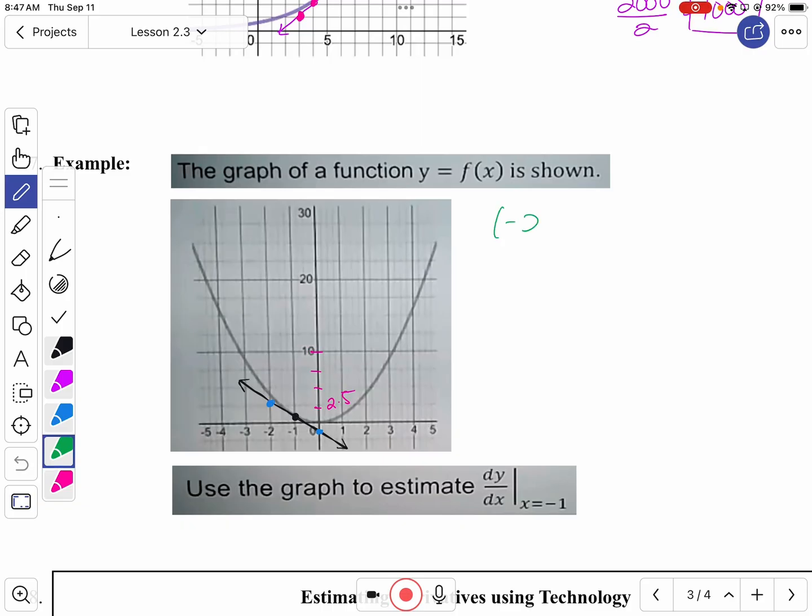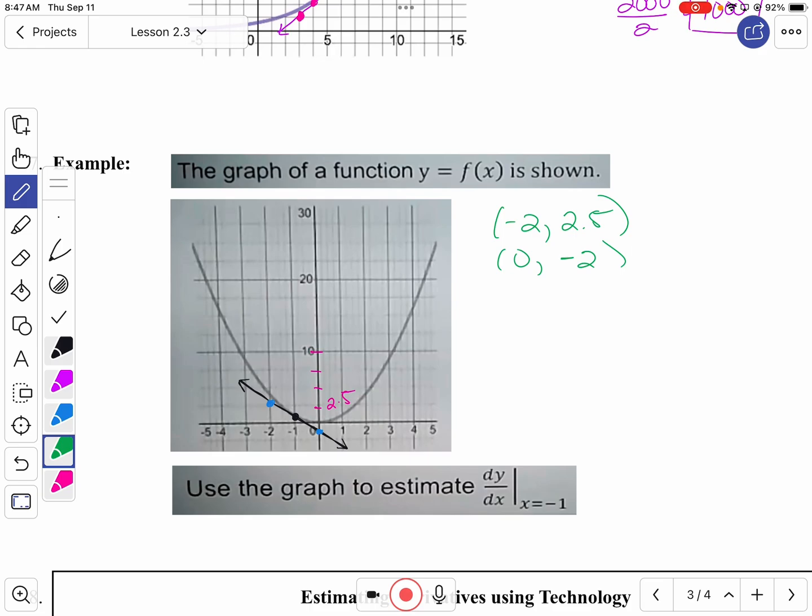The first point I see is -2, and it goes up 2.5. The next point that they marked is kind of halfway between 0 and 2.5. I might call that 2. It's hard to really tell. So that would be (0, -2) maybe, because it doesn't look like it's all the way down.